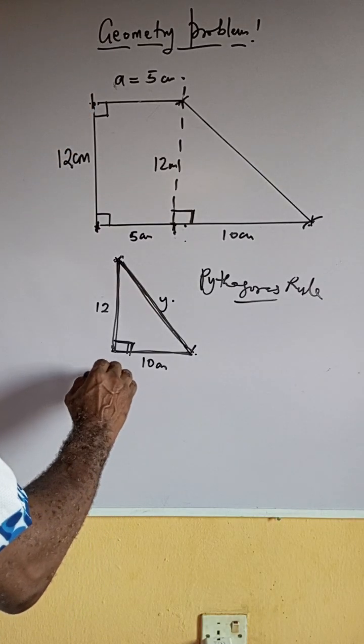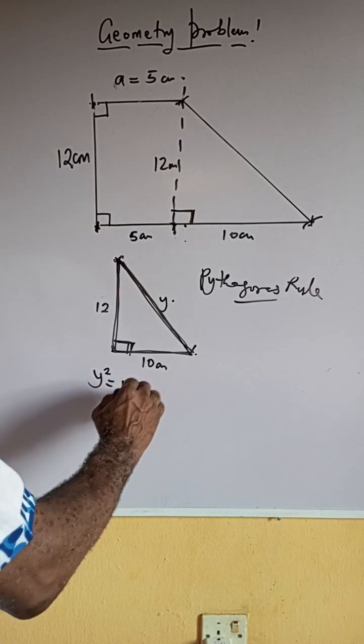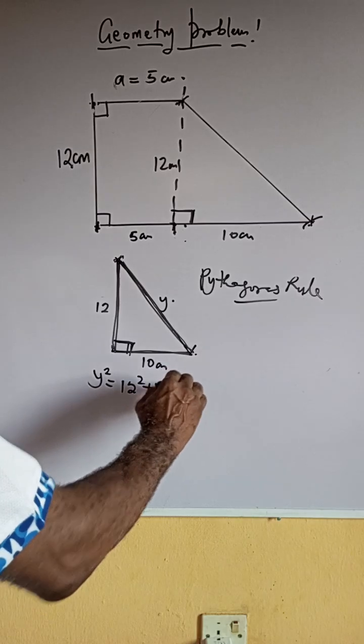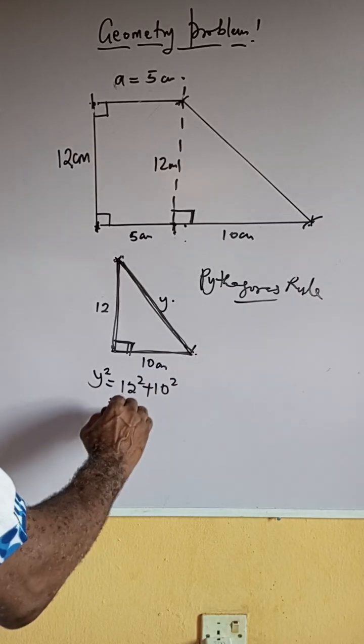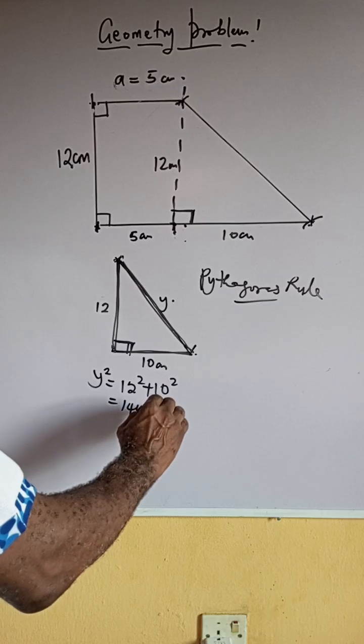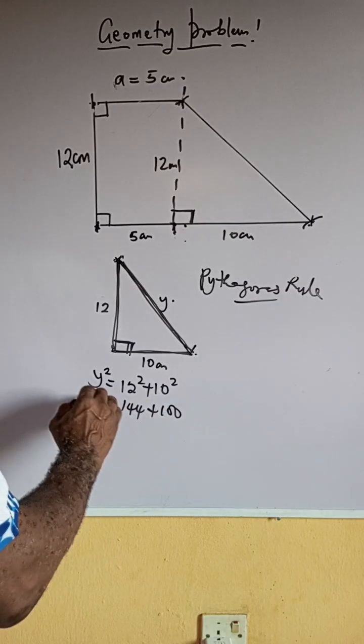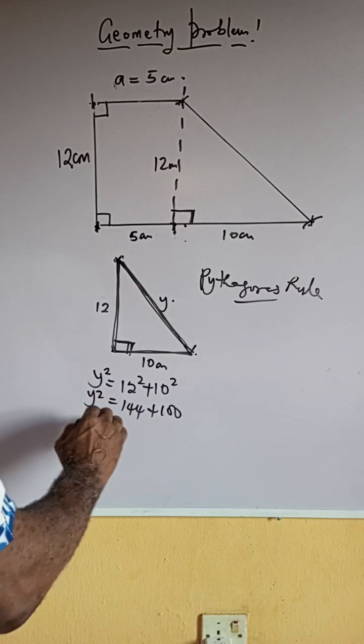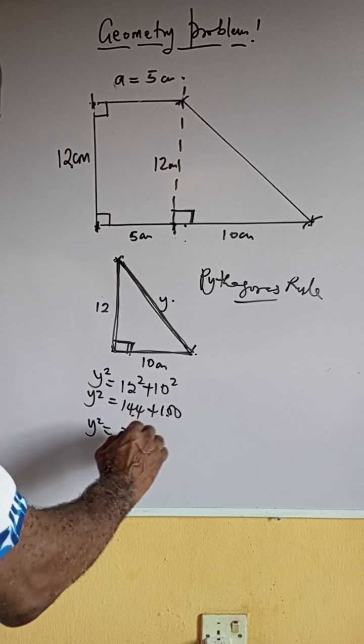So that y square is equal to 12 square plus 10 square. 12 times 12 is 144, plus 10 square is 100. Y square is equal to this plus this, which gives us 244.